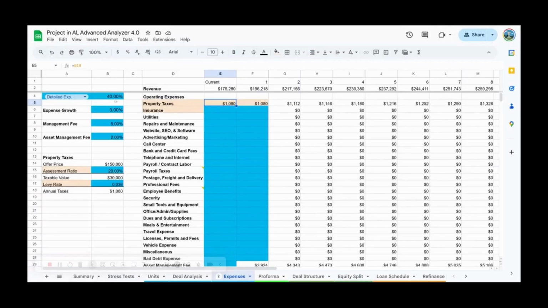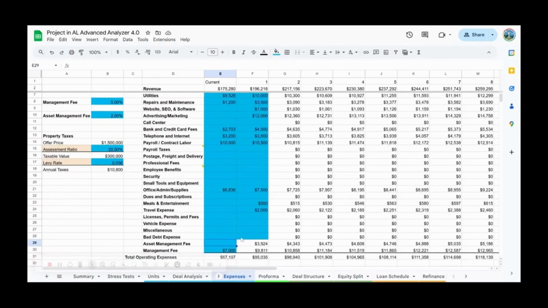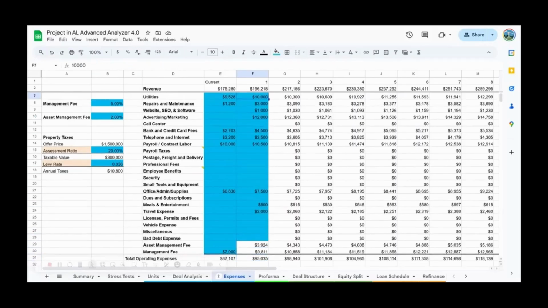So now, since we're putting in detailed expenses, I'm going to go ahead and enter some data in these fields. So now, with all the data entered, you can see how the numbers are calculated out and summed by each column.